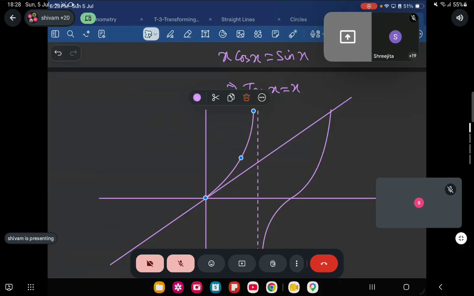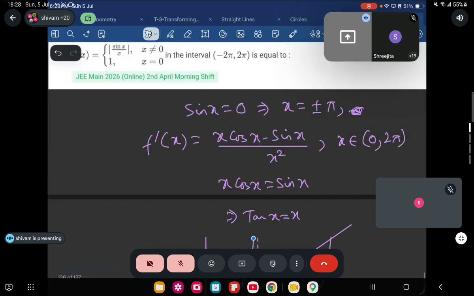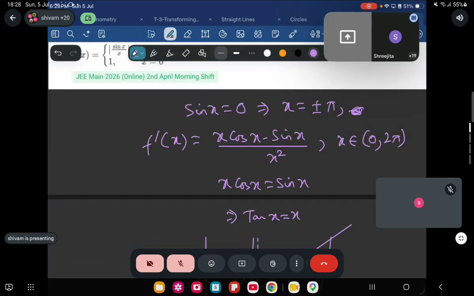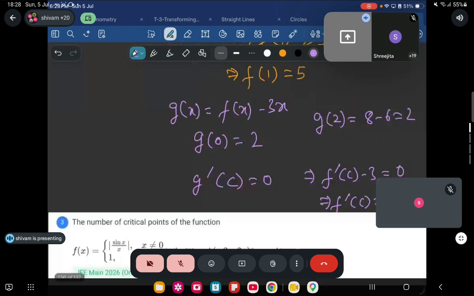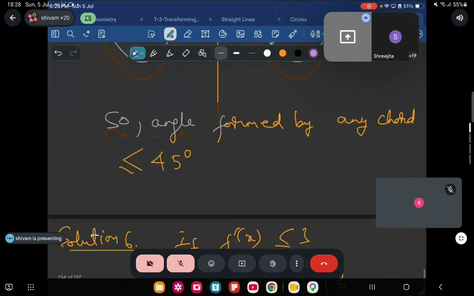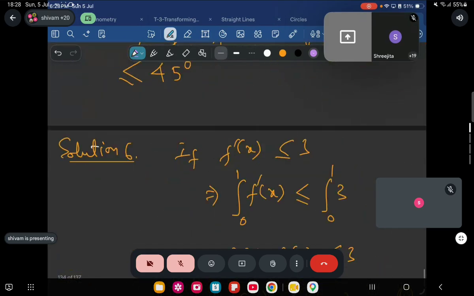You said 5. But sir, 0 is not defined in this function. That means it cannot be a critical point. Over here, how much have I written? 5. Yes, sir, it comes to 5.